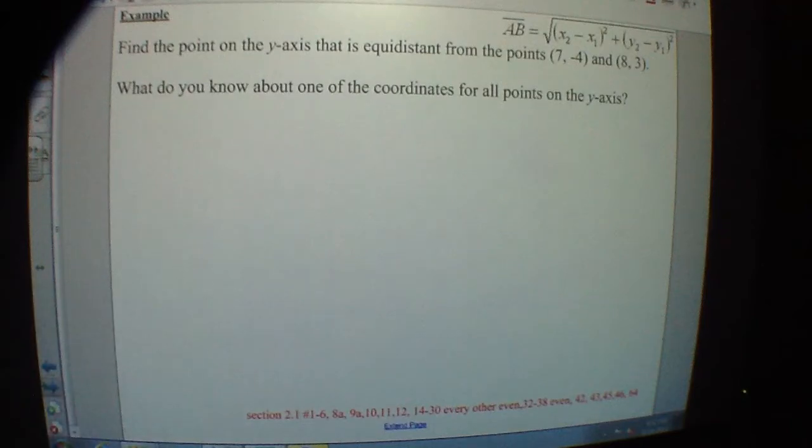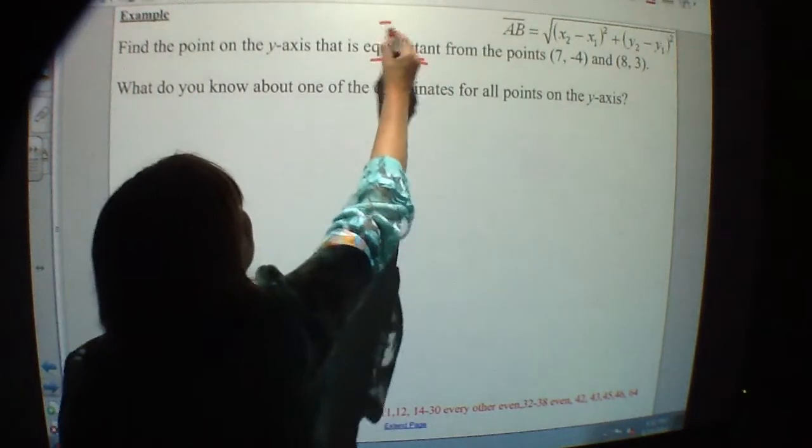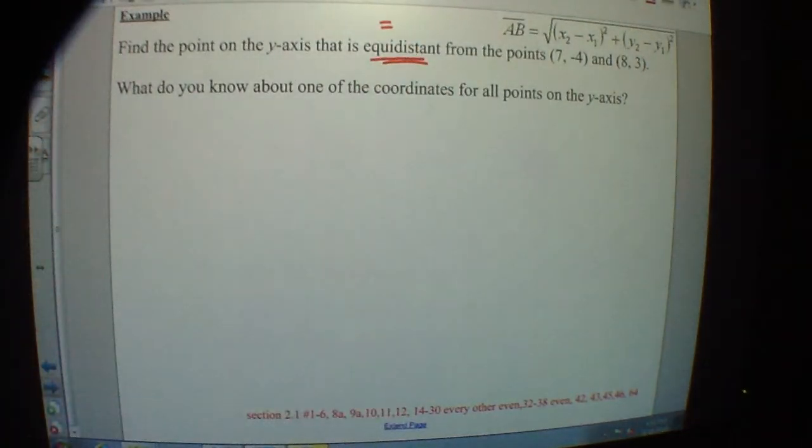Find the point on the y-axis that is equidistant from the points 7, negative 4, and 8, 3. So we need to find a point that is equal distance. So that means the distance formulas are equal to each other.